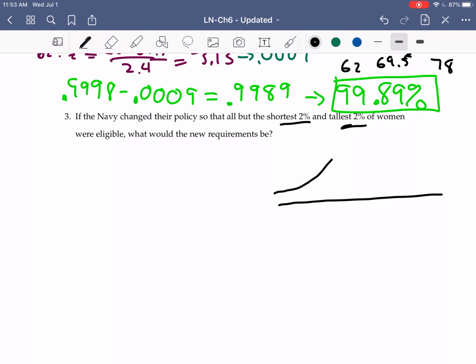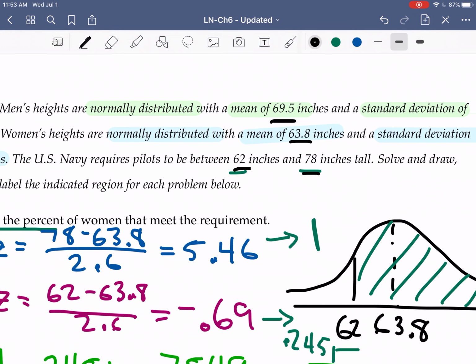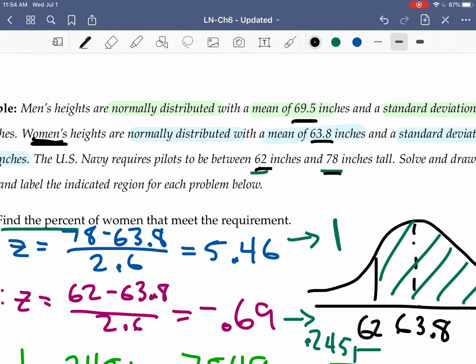So again, we are thinking about information dealing with women, and so women's heights are normally distributed. The mean for women's heights is 63.8.